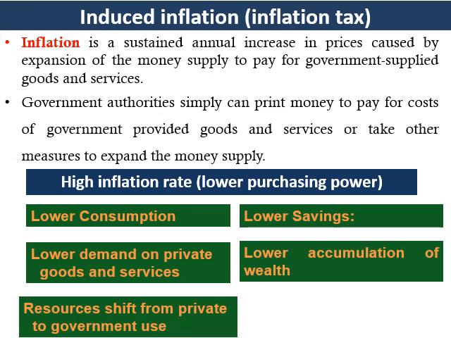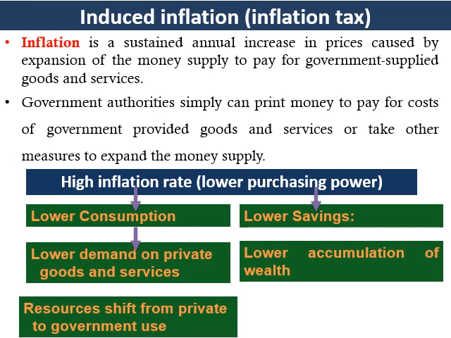How could this happen? Let's talk about how inflation will affect consumption and saving, and compare it with the impact of taxation. For consumption, higher inflation will lead to a decrease in the purchasing power of money. So people now can buy lower amounts of goods and services. This means that the demand on private goods will be lowered and the resources will be transferred from private use to government use.